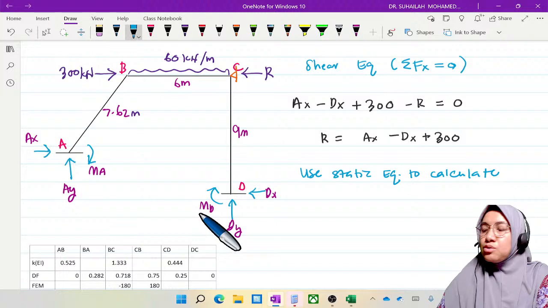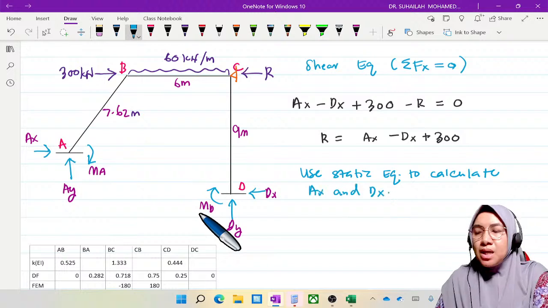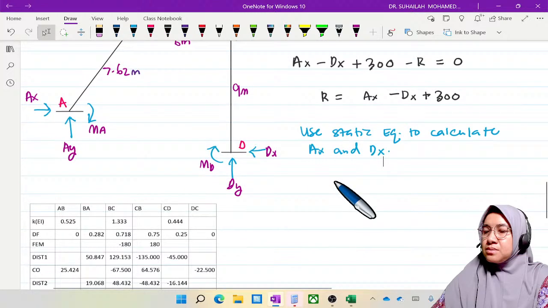Okay, use static equilibrium to calculate Ax and Dx. So how to calculate this?